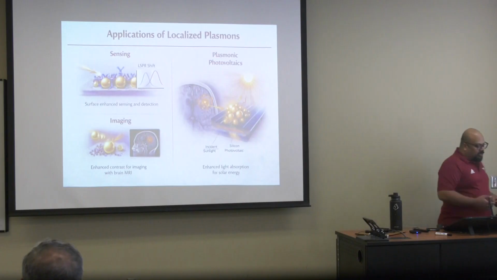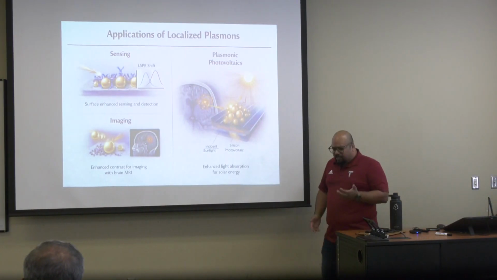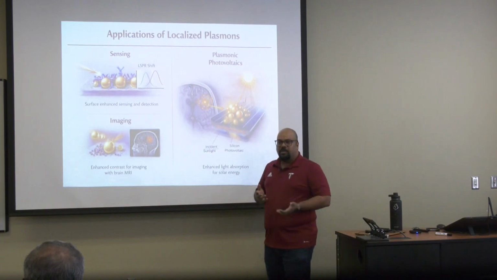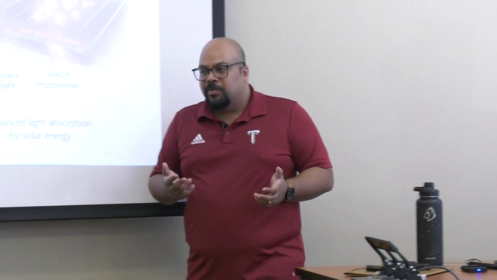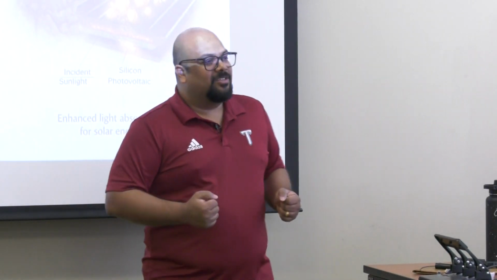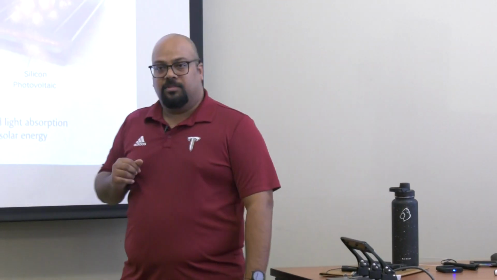The other application is solar cells. We've been using solar cells, right? But the efficiency of solar cells is very, very limited. It's not 100%. It is around 20 to 30%, you see? Even getting 30% is very rare. So to improve solar cell efficiency, one way forward is using plasmonics.